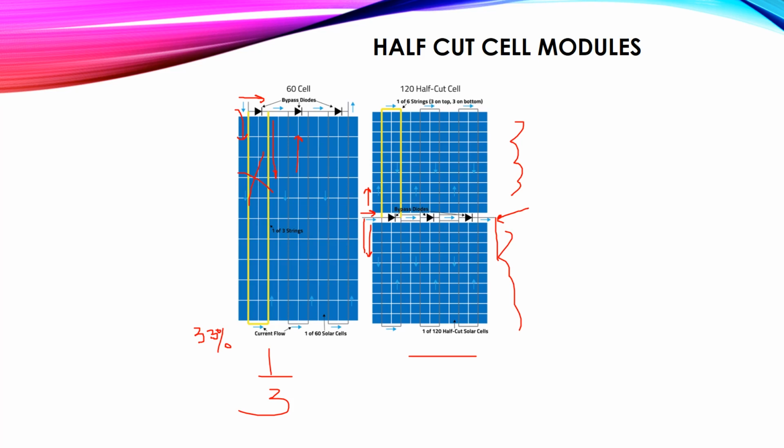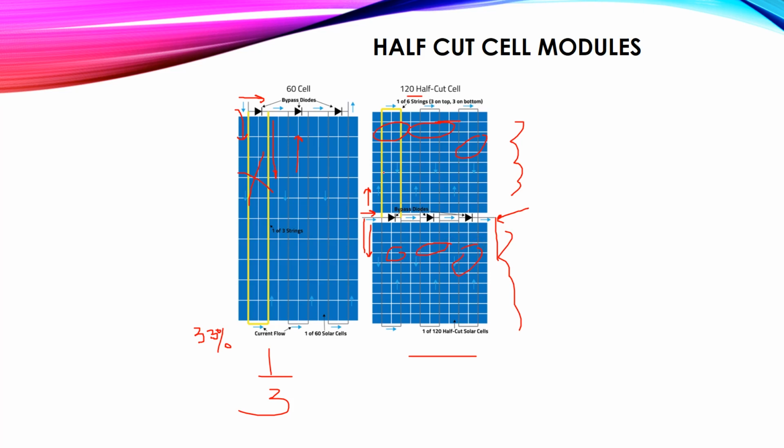But now let's see what the difference is here. The difference is that we now have 6 strings, 3 on the top and 3 on the bottom. You will see here string 1, 2 and 3, and similarly at the bottom, 1, 2 and 3, like this.